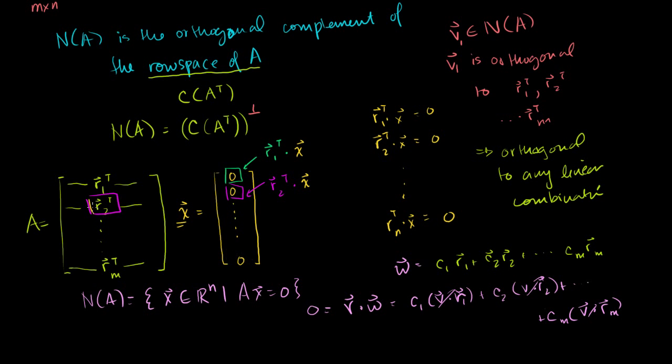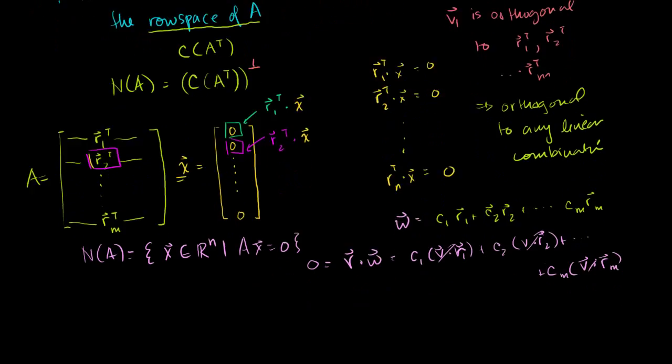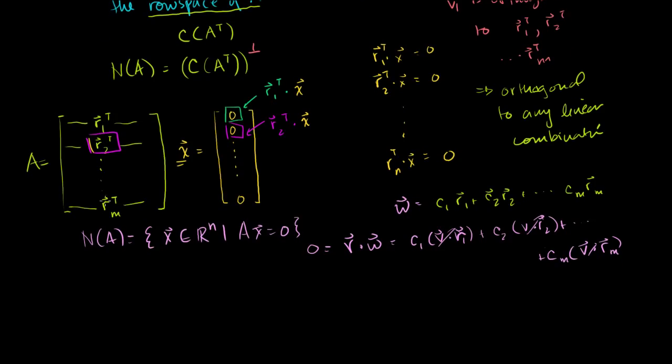So if you have any vector that's a linear combination of these row vectors, and you dot it with any member of your null space, you're going to get 0. So let me write it this way. What is any linear combination of these vectors? Well, that's the span of these vectors, or you could say the row space.